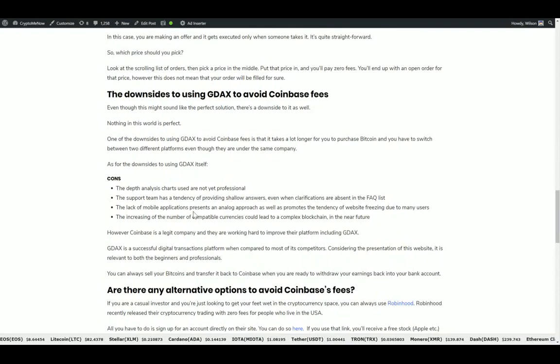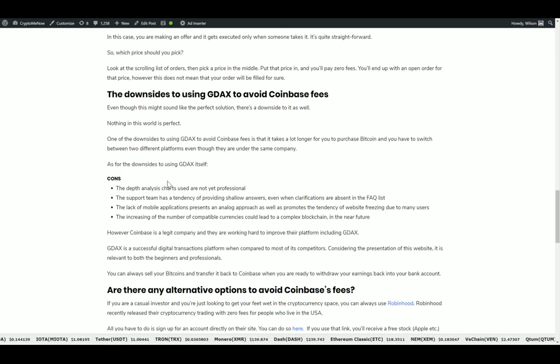Now, there's a downside to using Coinbase Pro, formerly called GDAX, which is that the technical analysis charts aren't necessarily professional yet. They don't have a lot of clarifications on certain things, so it's pretty much self-explanatory. You have to try to figure things out on your own.